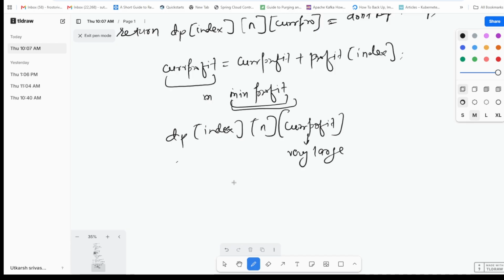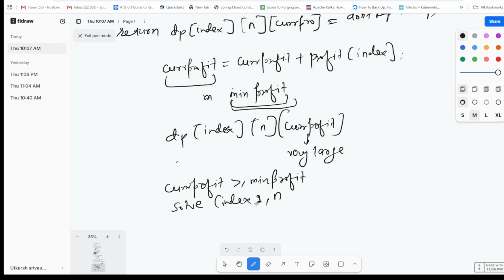So we can reduce it by storing this. For example, if at any time our current profit crosses the min profit while calculating, then we can directly store min profit, because we are not using current profit anywhere else. So once current profit crosses the min profit, then in solve we can directly pass min profit only, instead of current profit.